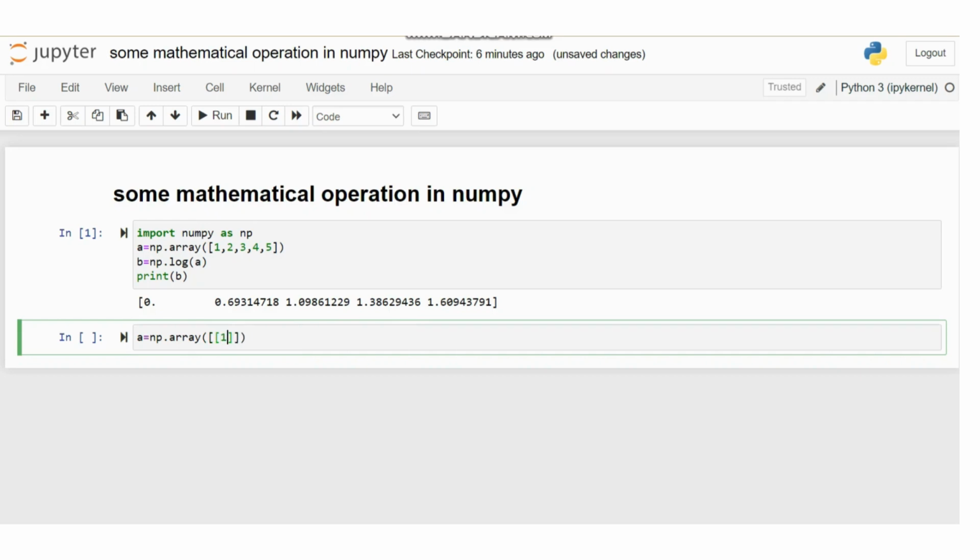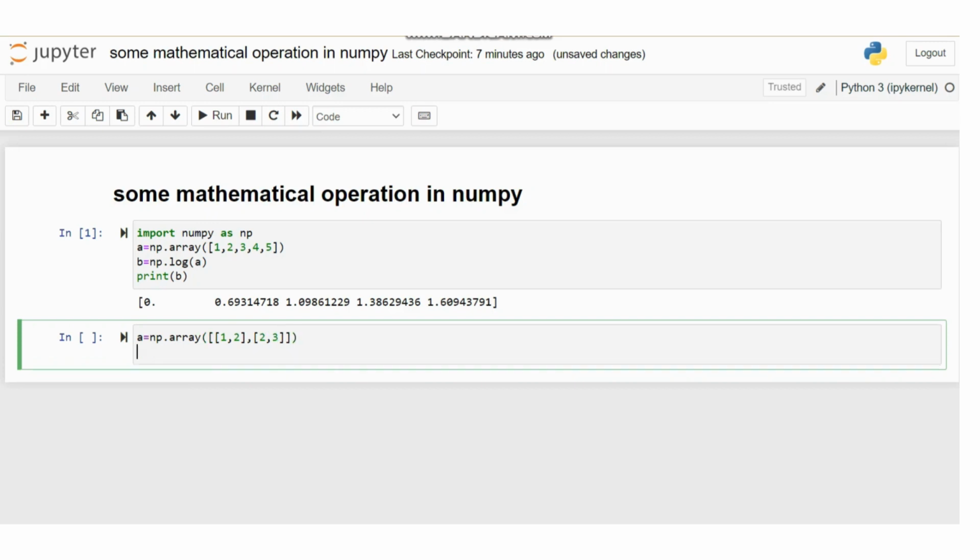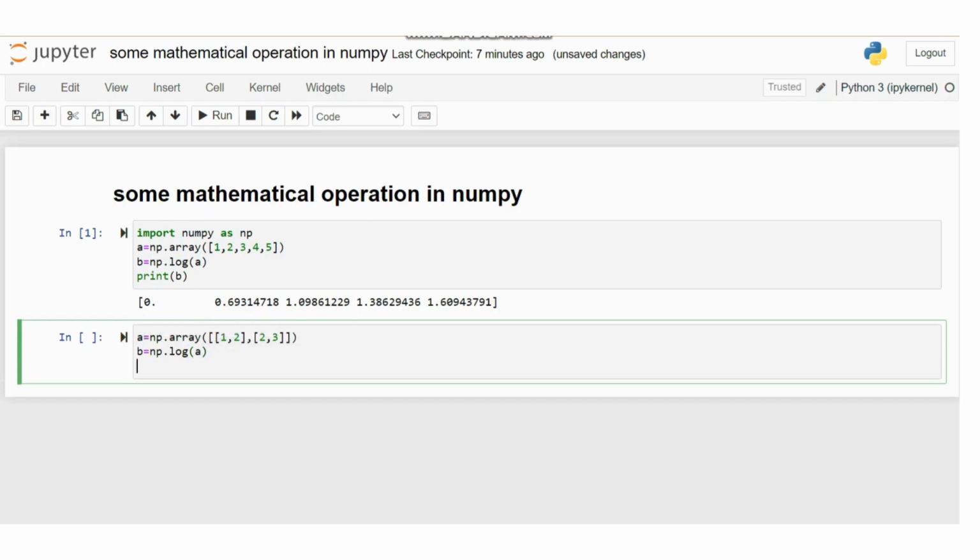Create a 2 by 2 matrix with values 1, 2 and 2, 3. Create a variable; the np.log method calculates the log value of the given array. Print b.